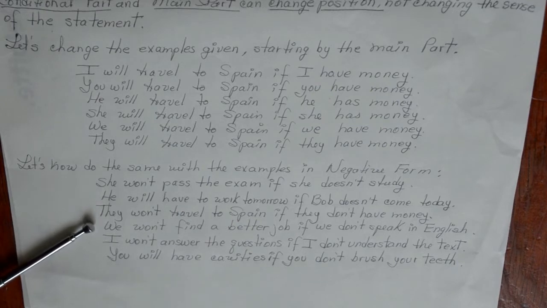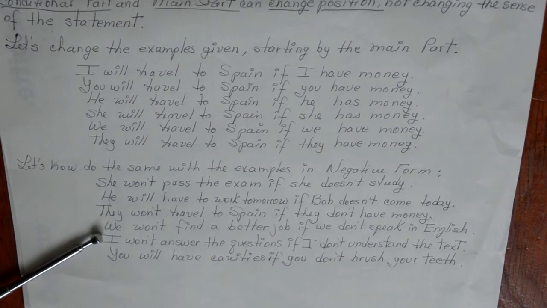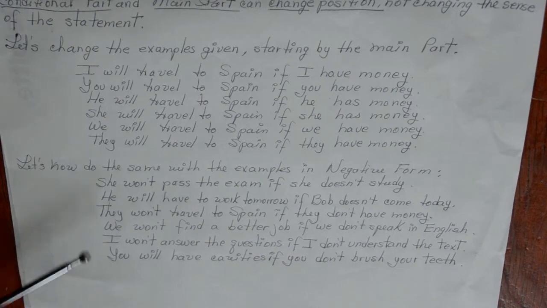They won't travel to Spain if they don't have money. We won't find a better job if we don't speak English. I won't answer the questions if I don't understand the text.